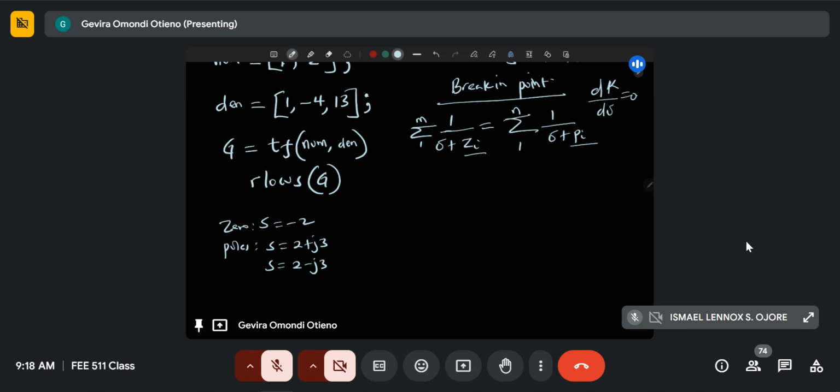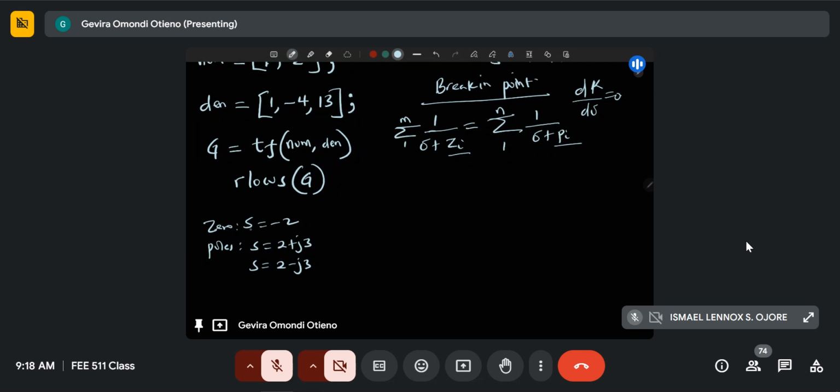Okay, so let's start with the zeros. We only have one finite zero, so we are going to have 1 over sigma. Now the zero is at -2, so the negative of that is +2. So I simply put +2, the negative of the zero location. That's it, because we don't have any other zero. The other one is at infinity.